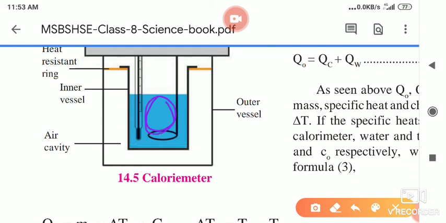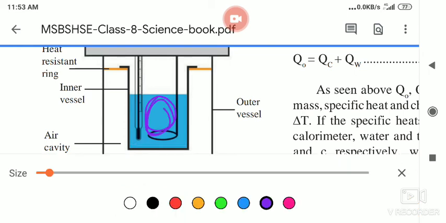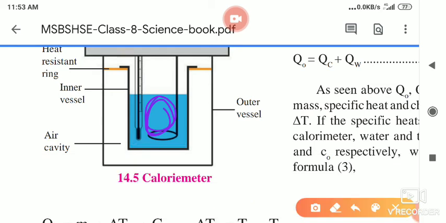Suppose this is the hot object, and I kept it inside this calorimeter. Tell me, if it is a hot object, its temperature is more than that of the water, what will happen? The hot object releases energy towards the outer surrounding. And what is there in the surrounding? The water and the vessel. These are present in the surrounding.